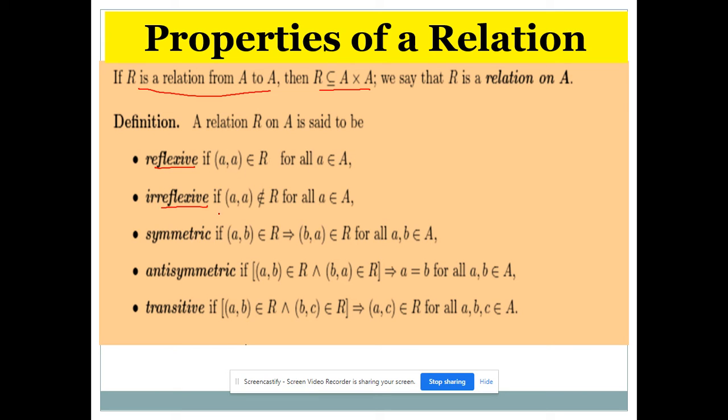Then the irreflexive property: (a, a) does not belong to R for any a. Symmetric: (a, b) belongs to R implies (b, a) belongs to R for all a, b. Antisymmetric means (a, b) belongs to R and (b, a) belongs to R implies a and b must be equal. And the transitive property: if (a, b) belongs to R and (b, c) belongs to R, then (a, c) will belong to R. So this is the transitive property.